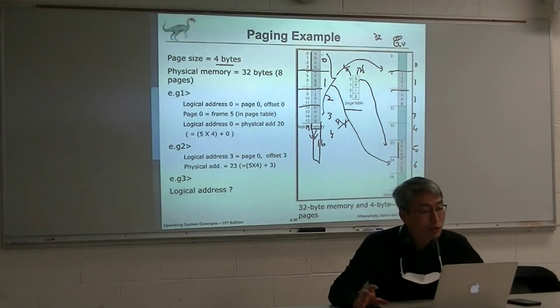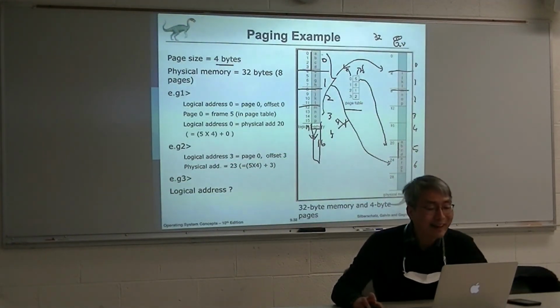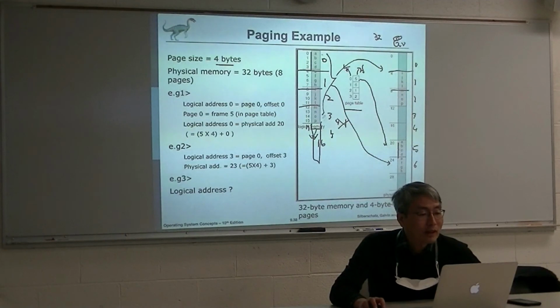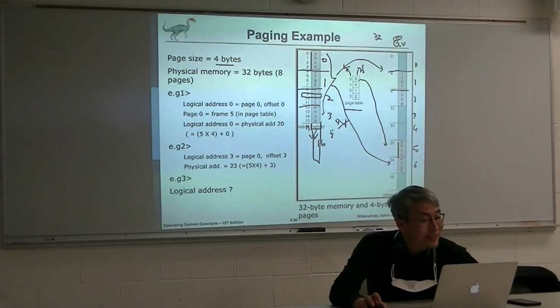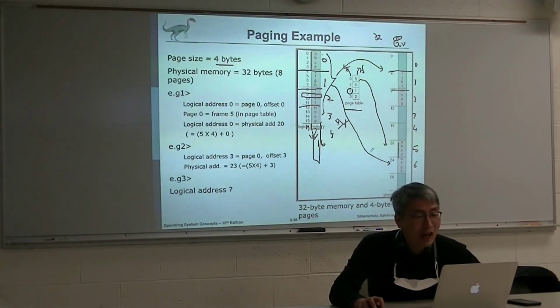So you are able to calculate between them. For example, if I'm asking for logical address 9, what is the physical address? How can you do that? First, take a look at the page table. This is 0, 1, 2. So 2. And also, if you do not have such a diagram, you are still able to do it.